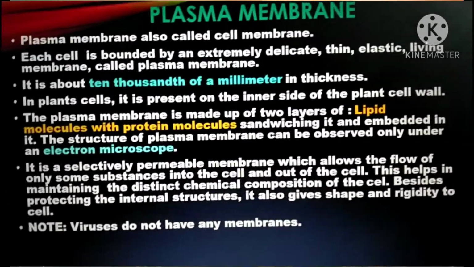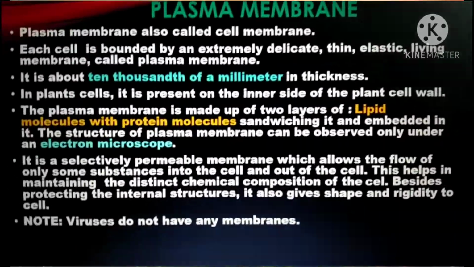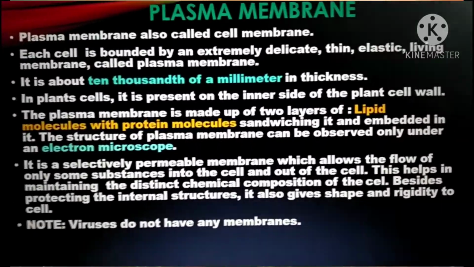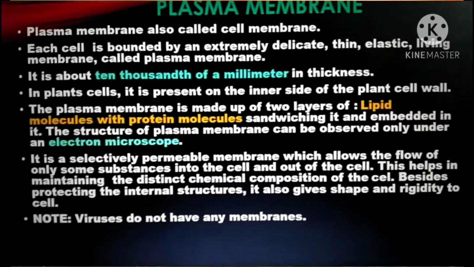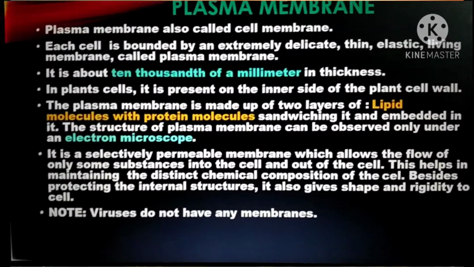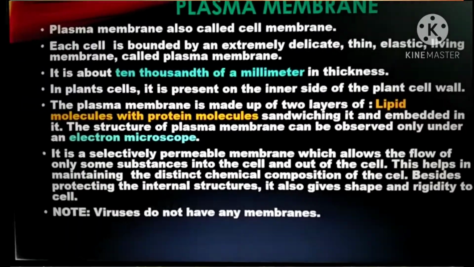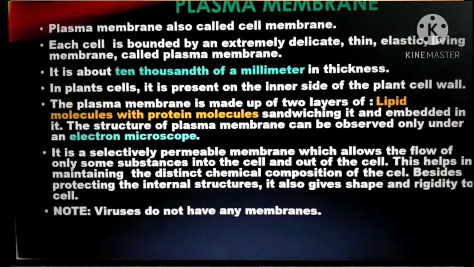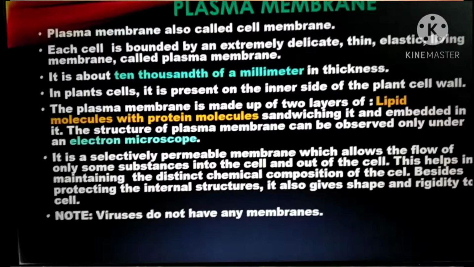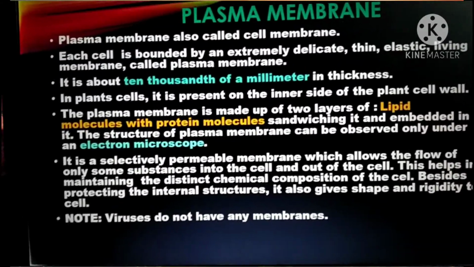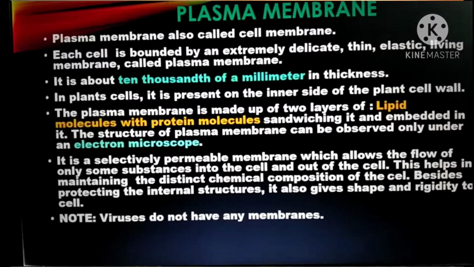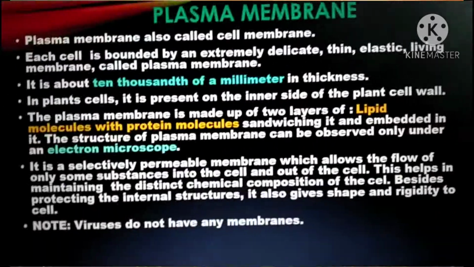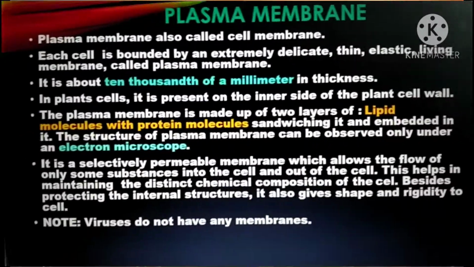This plasma membrane is a selectively permeable membrane, which helps in transportation of the cell. It allows the flow of only some substances into and out of the cell, meaning selected substances are allowed to enter and exit. This helps in maintaining the distinct chemical composition of the cell, such as the phospholipids, cholesterol and other chemicals that constitute it.